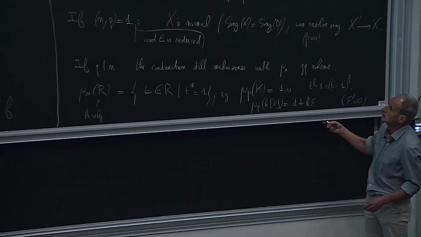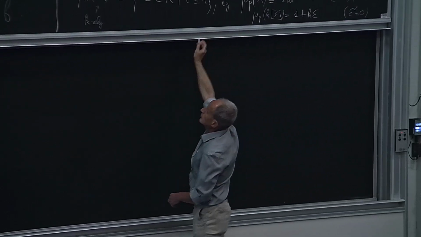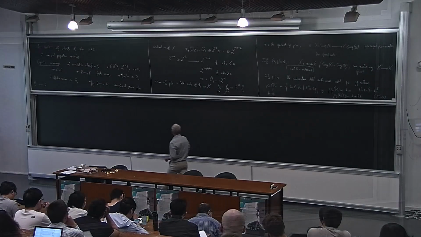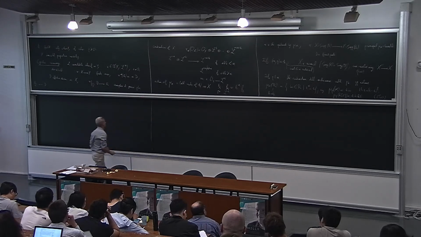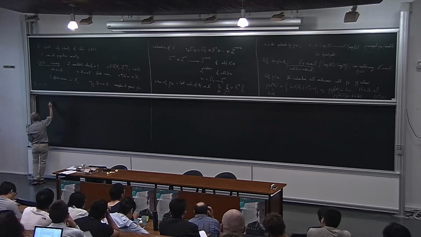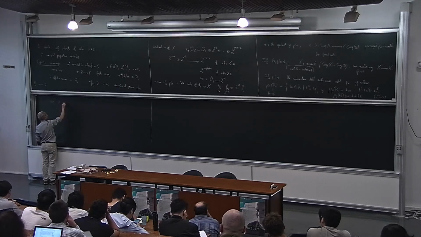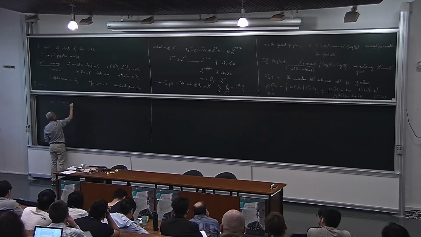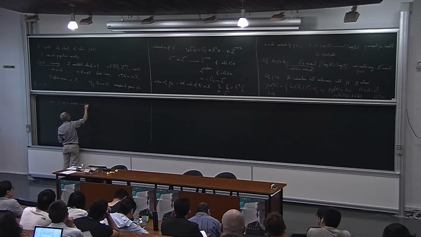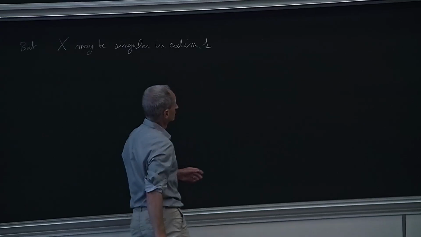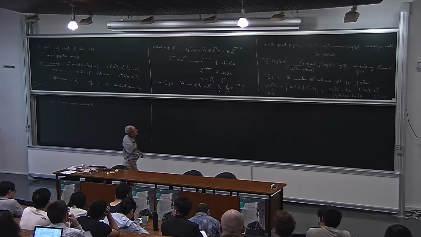Okay, so by working formally with group schemes, you get... then is really different because X may be singular in codimension 1. Again, under the assumption that... reduced.